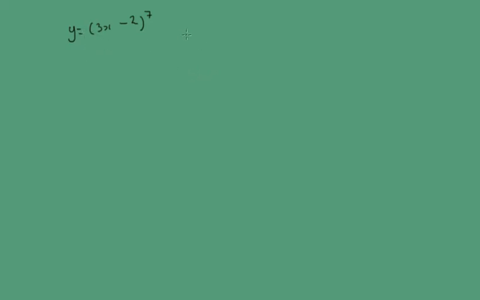So what we're going to do is we're going to say u is 3x minus 2. So now y equals u to the power 7. So we have two functions now which are nice and easy to differentiate.